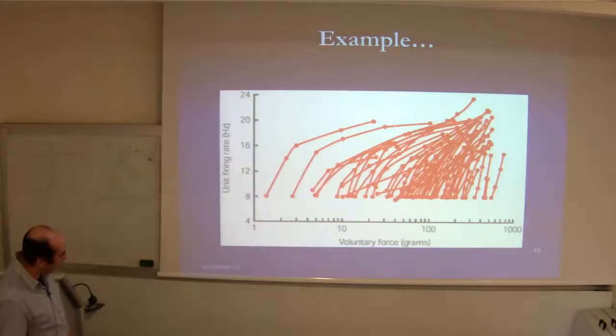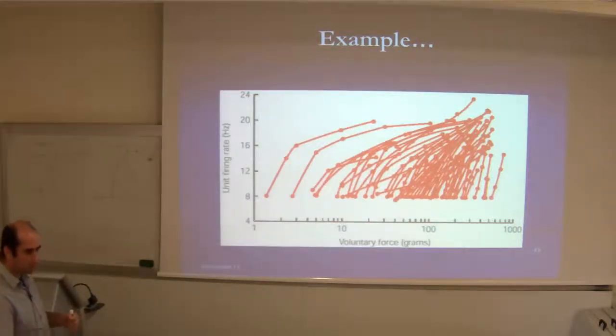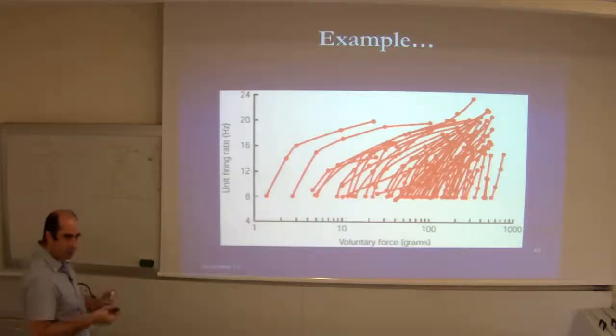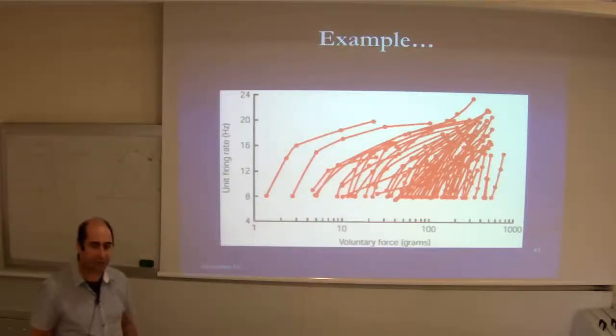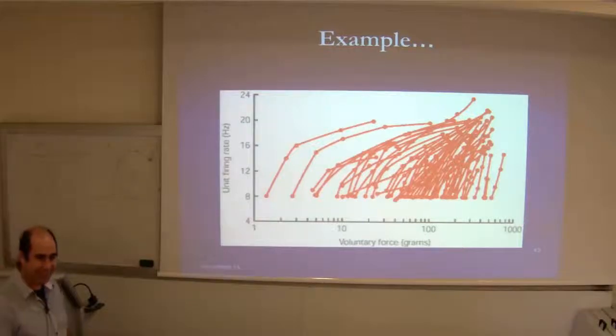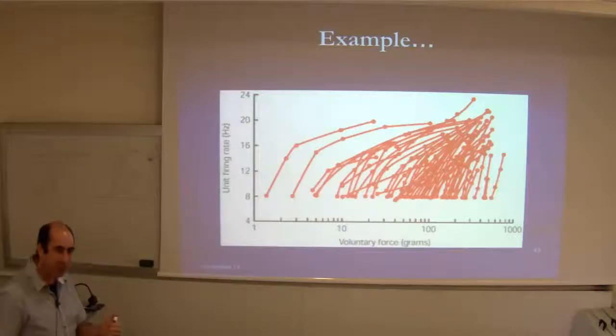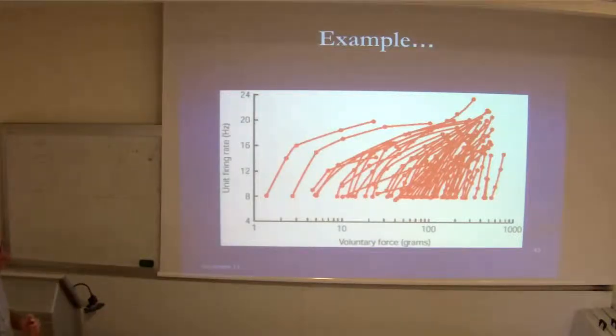So the increase in firing rate results in much more force. Exactly, that's the point. So this unit is much larger. So you add a few more spikes and you get much more power.